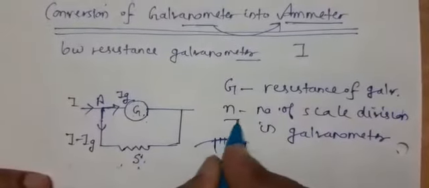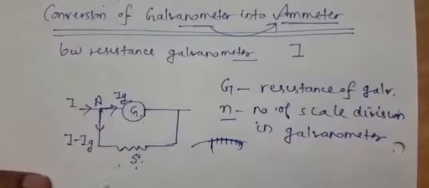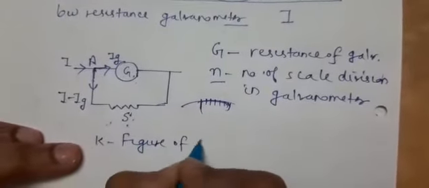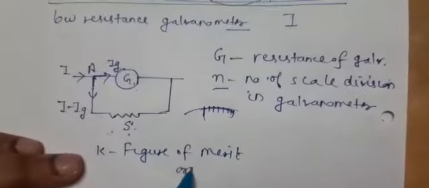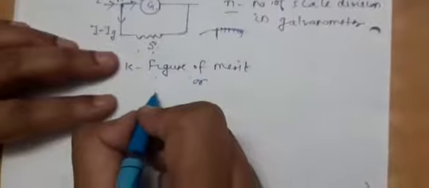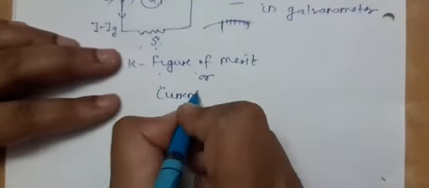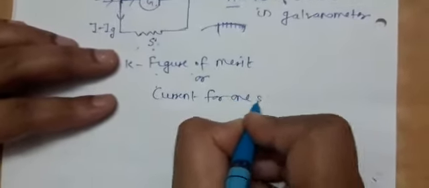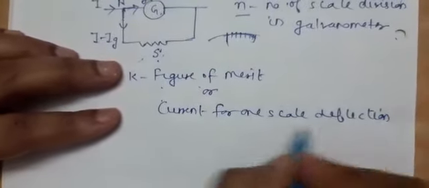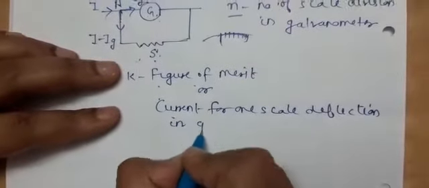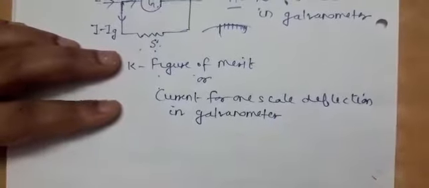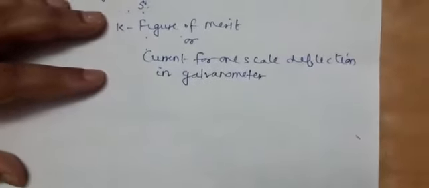This we have taken to be N. Now the term K that we are using here is the figure of merit. What does the figure of merit measure? This gives the current for one scale deflection in the galvanometer.